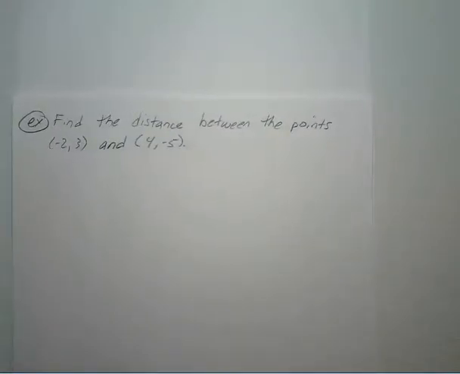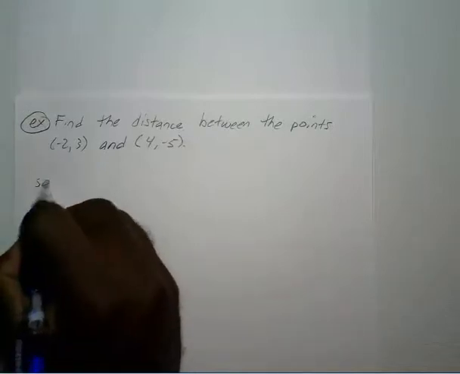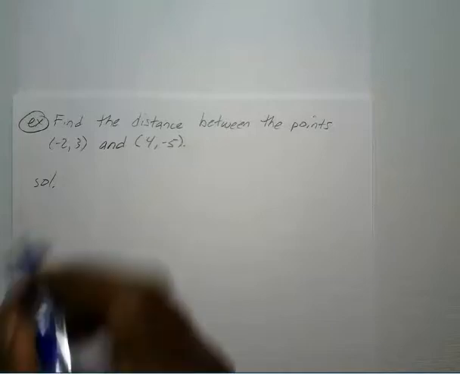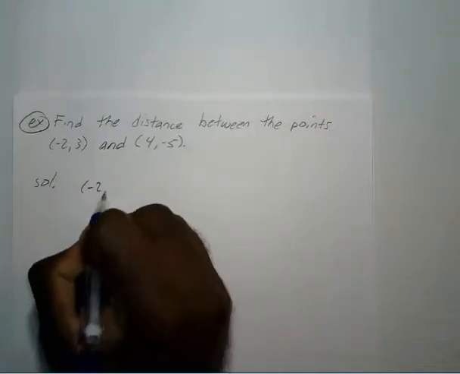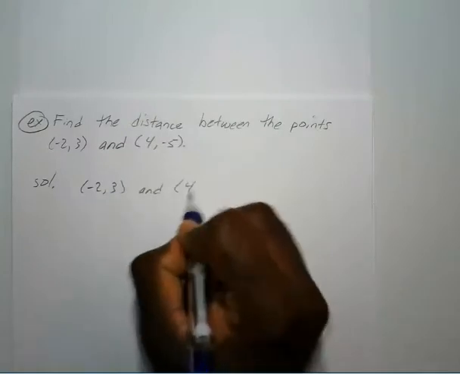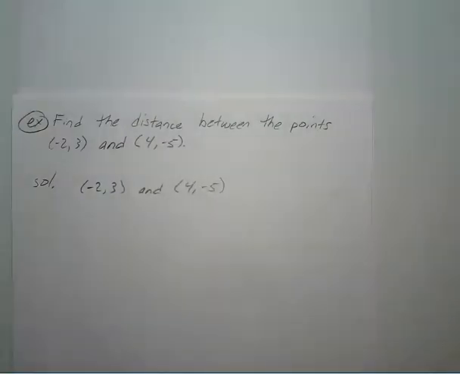Okay, so for our first example, we want to find the distance between the points (-2, 3) and (4, -5). Now the first thing you have to do is assign an x1, y1 and an x2, y2.